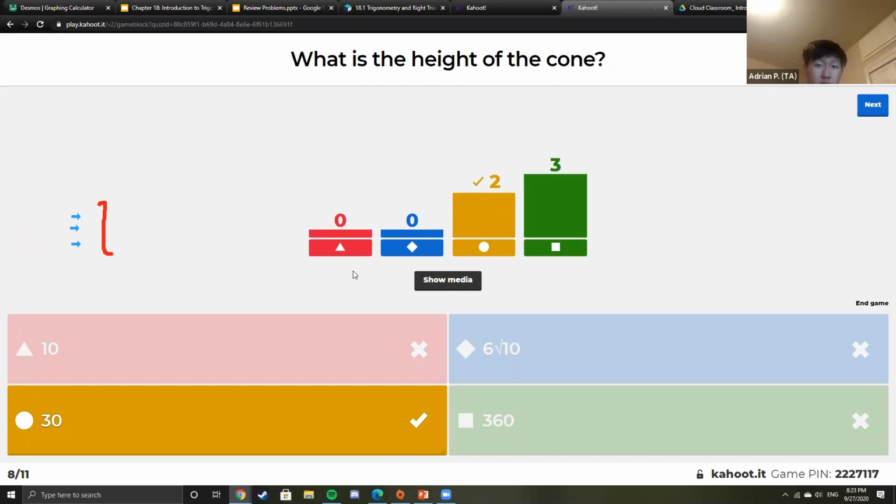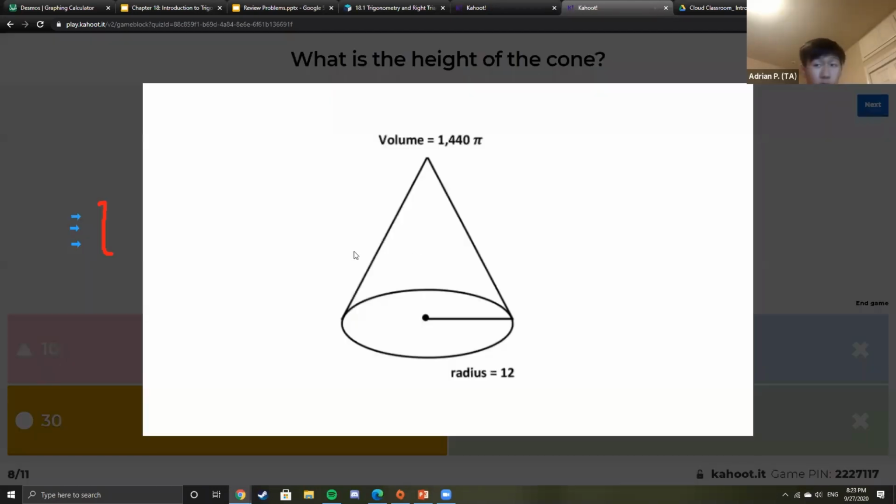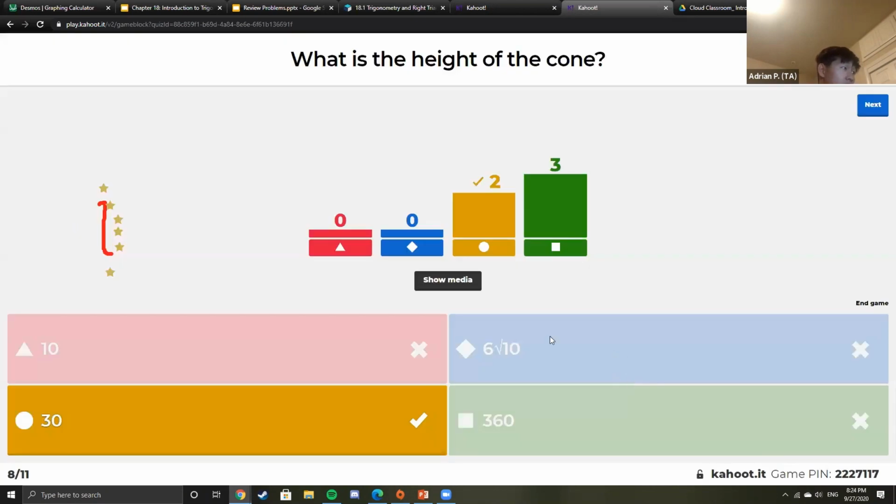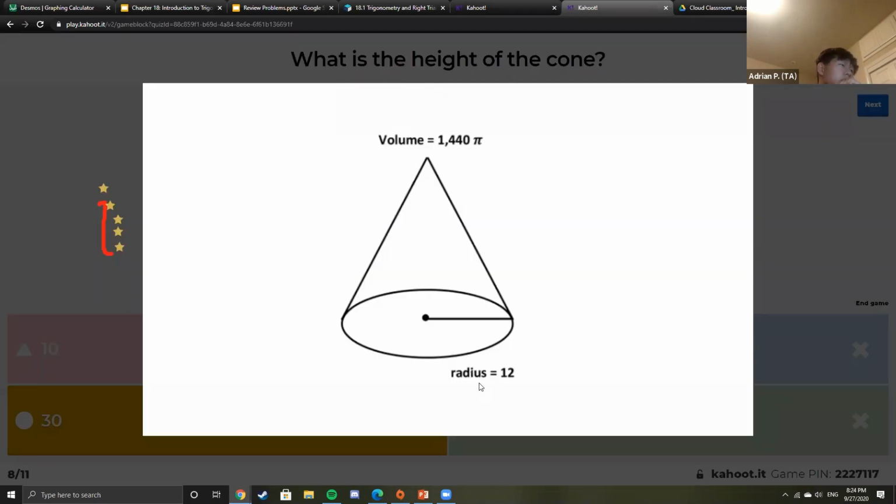Okay, so for this question, it's just like working in reverse. You have the volume as 1440 pi, and the radius is 12. So if you calculate the base, it's going to be 144 pi. So you divide this volume by 144 pi, and wait, no, that's wrong. Actually, you have 144 pi for the base.